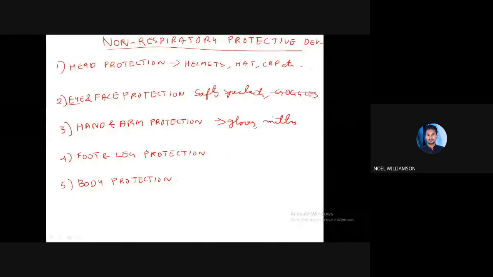So these are the main protective devices which come under the category non-respiratory protective devices. So this is the thing: various body parts, we can see head, eye, face, hand, arm, foot, or overall body, can be protected using certain devices.